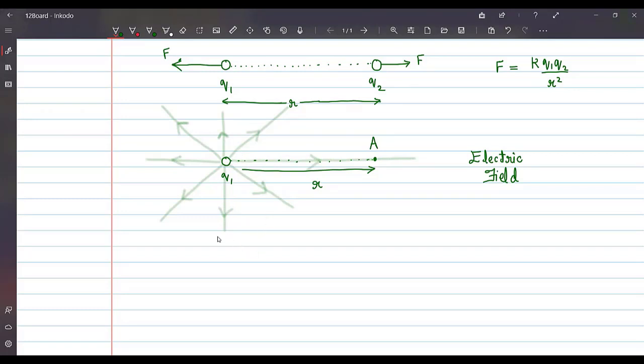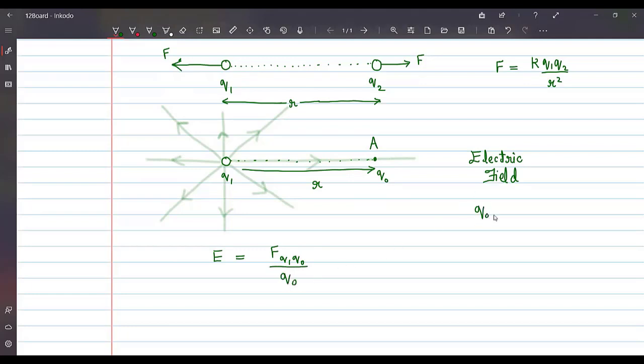So they formulated a formula to give the value of this electric field. It is given by the force applied by Q1 on a test charge Q0, divided by the test charge.